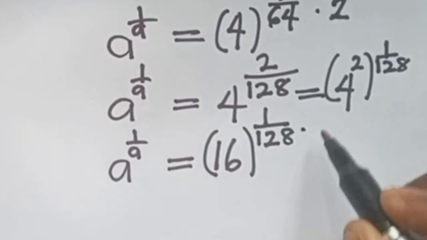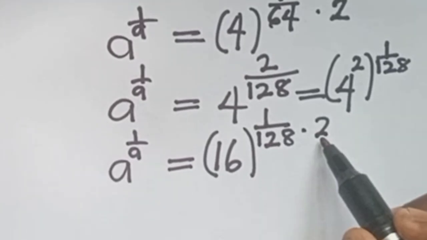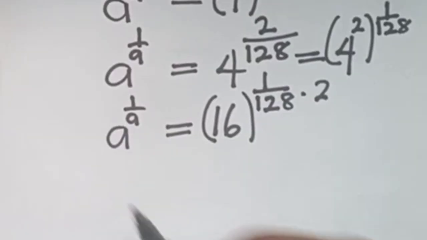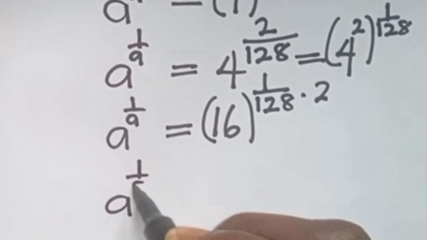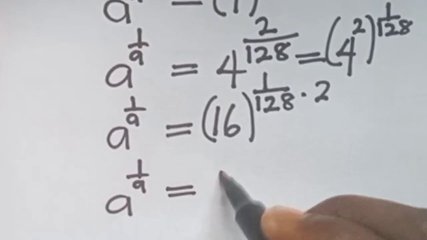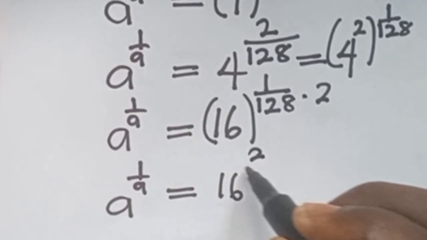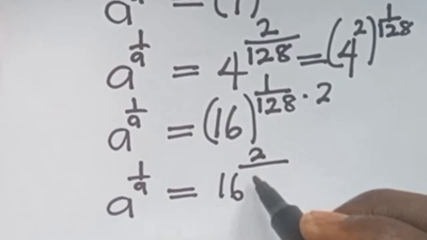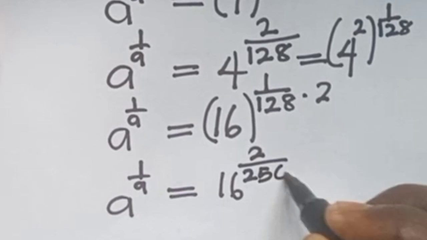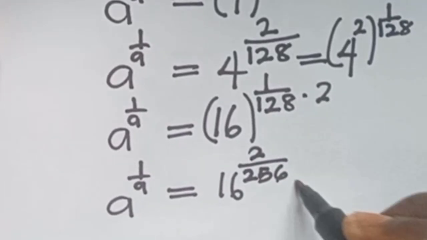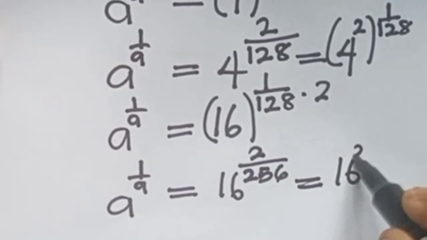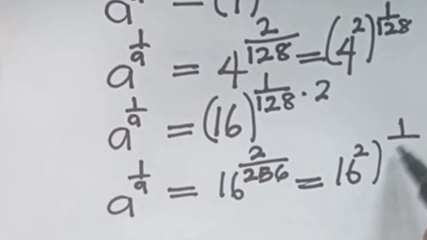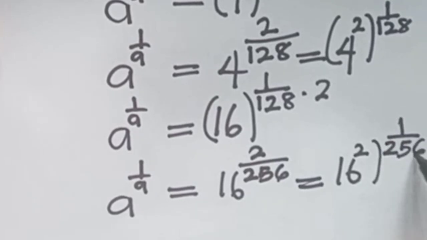So again, I'm going to multiply the power by 2, so that a to the power of 1 over a will be equal to 16 to the power of 2 all over 2 times 128, that is 256. And this equals 16 to the power of 2 to the power of 1 all over 256.